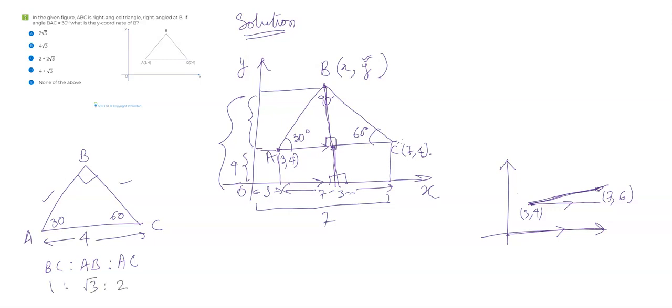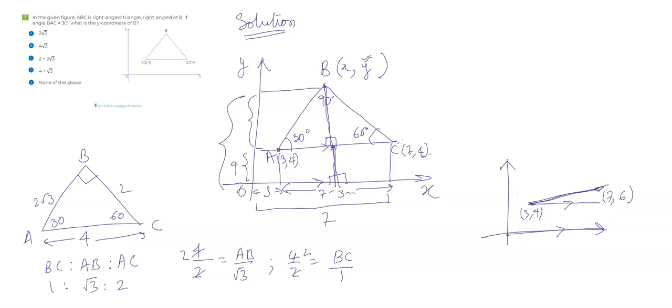We already know AC is 4, so 4 by 2 must be equal to AB by root 3. So AB would come out to be 2 root 3. And 4 by 2 is equal to BC by 1, so BC would turn out to be just 2.